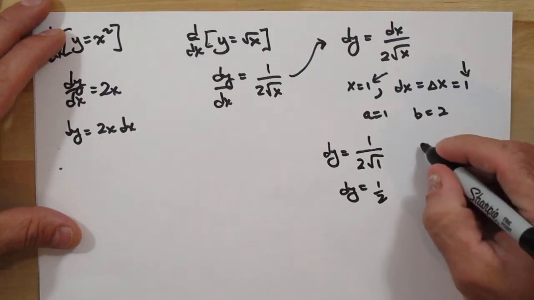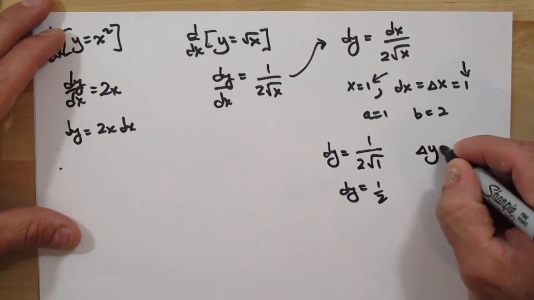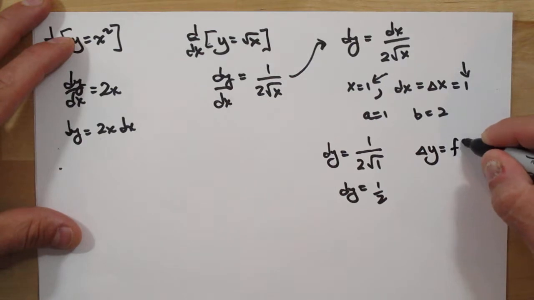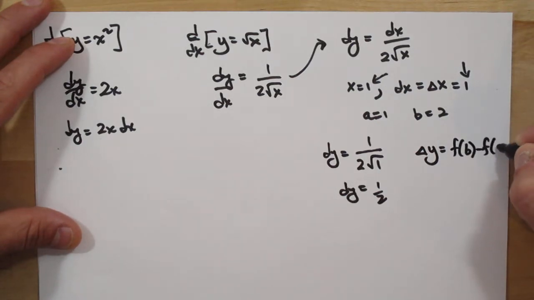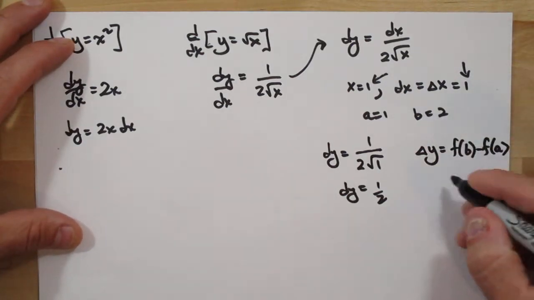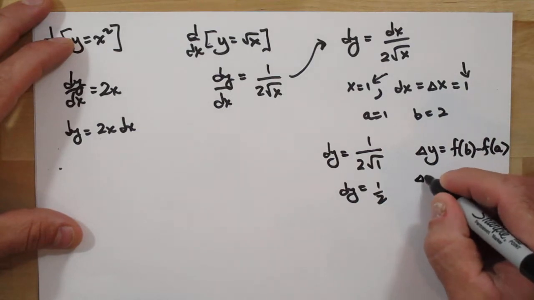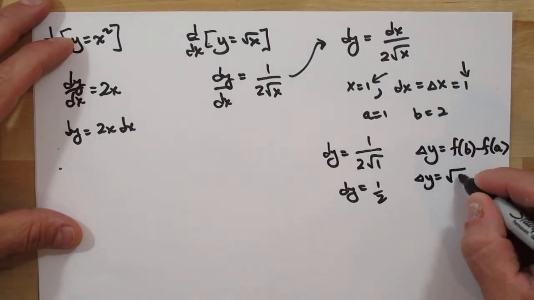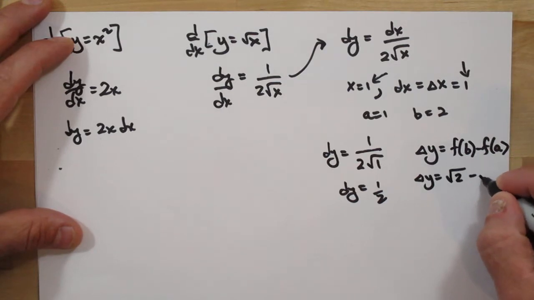All right, so how would we find actual delta y? Actual delta y we said was f of b minus f of a. Well, we said b was 2 and a was 1, so delta y would equal the square root of 2 minus the square root of 1.